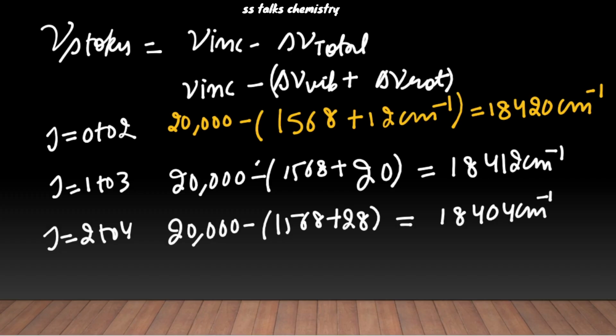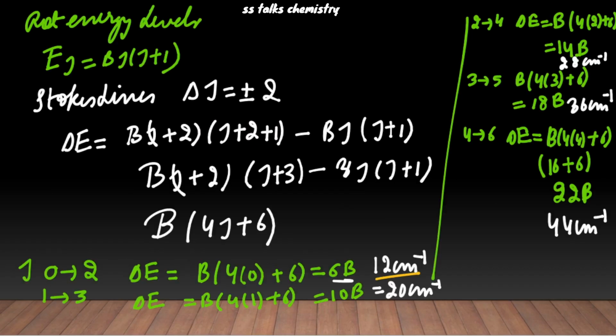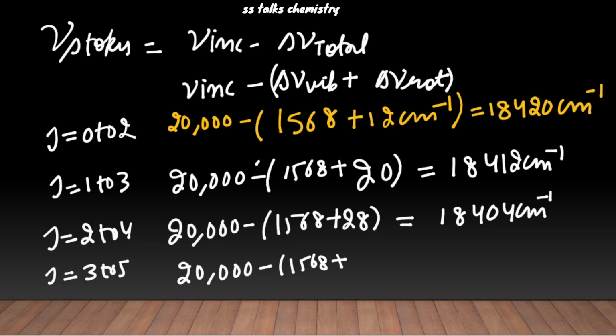Right. Next, for J from 3 to 5, it is going to be 20,000 minus 1568 plus the value you obtained, that is 36. So this will give me the value 18396 centimeter inverse.